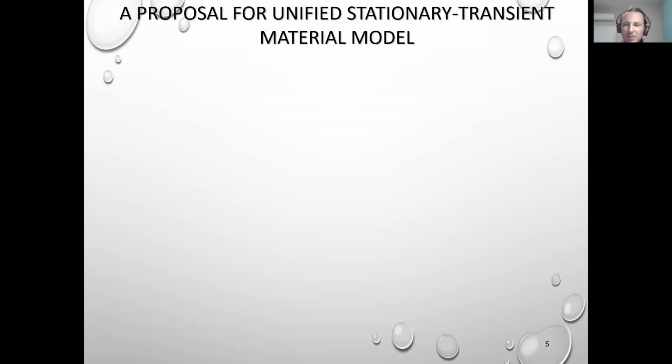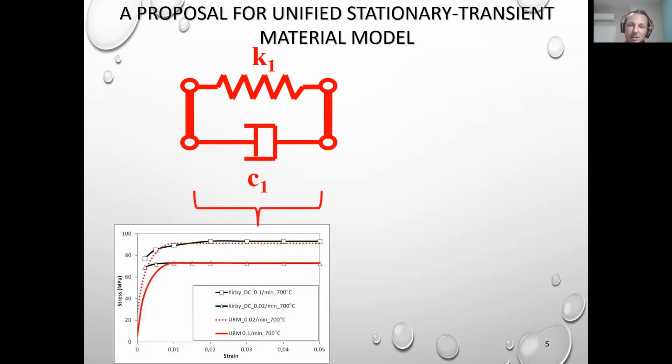As a proposal to take into account the heating rate sensitivity of the problem, we are offering a solution in the form of a unified rheological model, which can model material behavior in a general regime, whether it's exposed to constant temperature or transient temperature, in the form of two Kelvin Voigt elements, which give a strain output depending on the strain rate level to which the material is exposed.